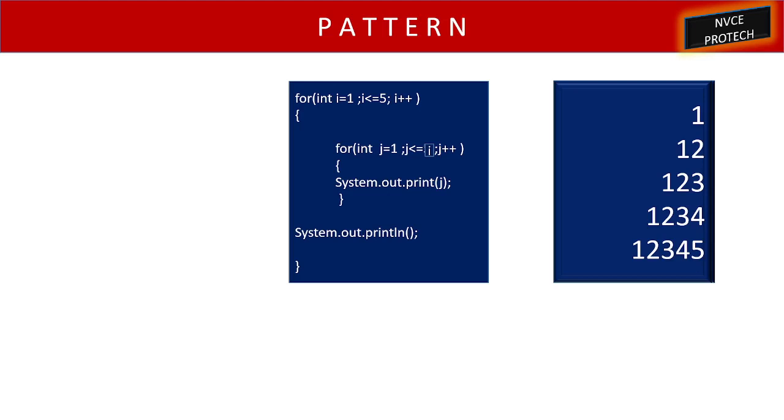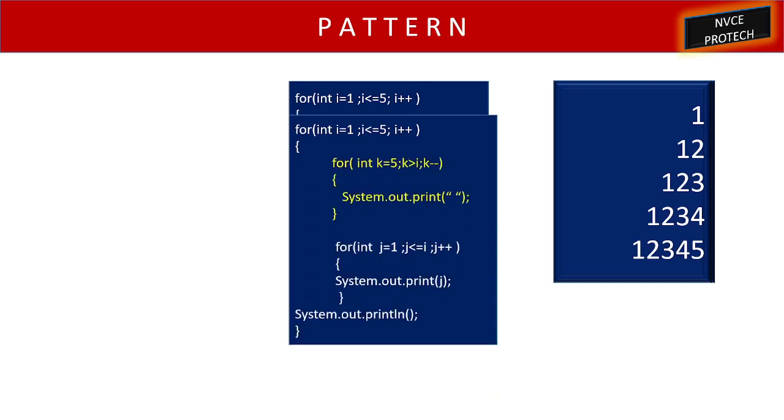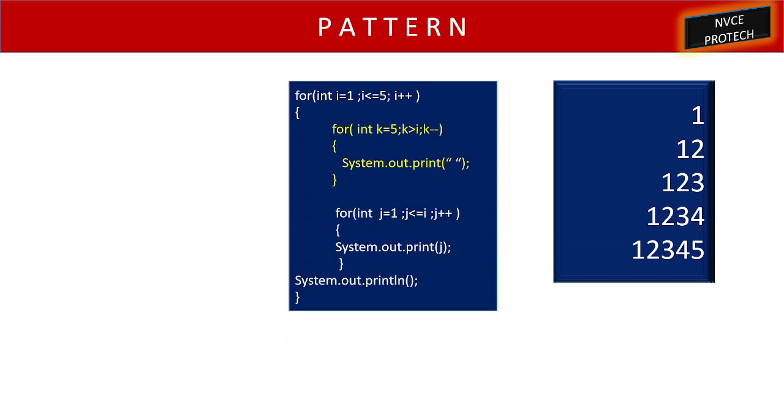As I stated earlier, right aligned patterns need 3 loops. I added one extra loop inside the outer loop. Over here you can see clearly an extra loop, and it is used to make blank spaces.